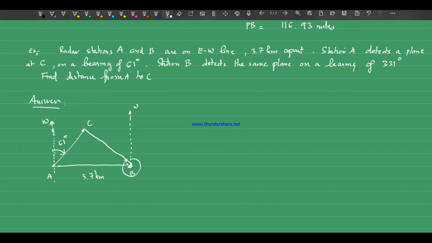So there's this 331 right here, and the remaining part is only 29, because 360 minus 331 is 29. 29 plus 331 gives you 360, the whole circle.